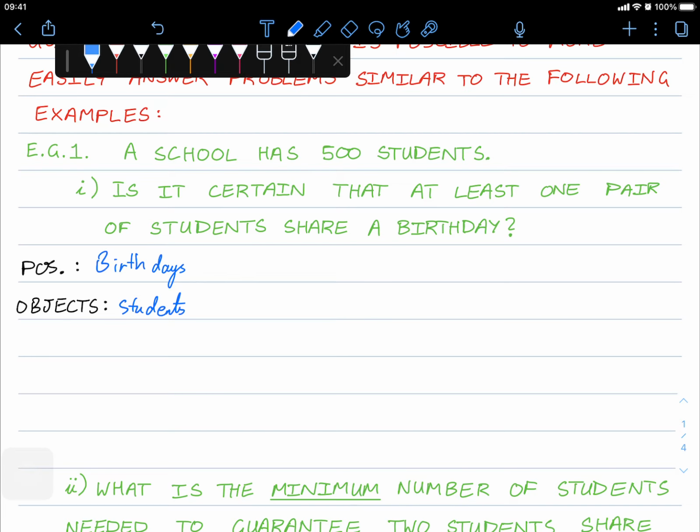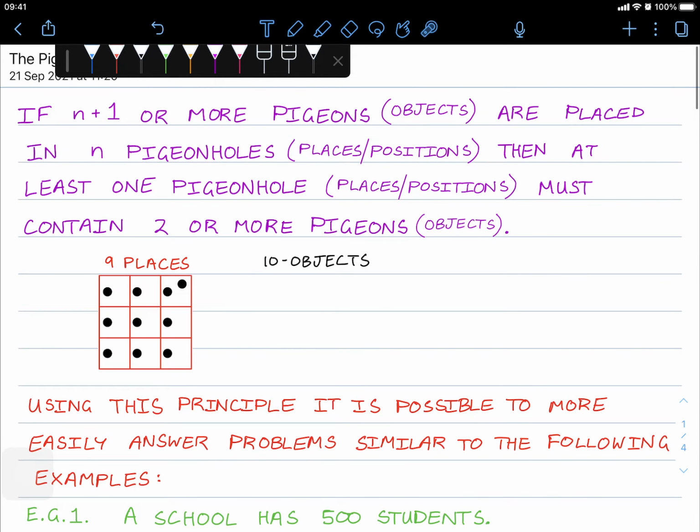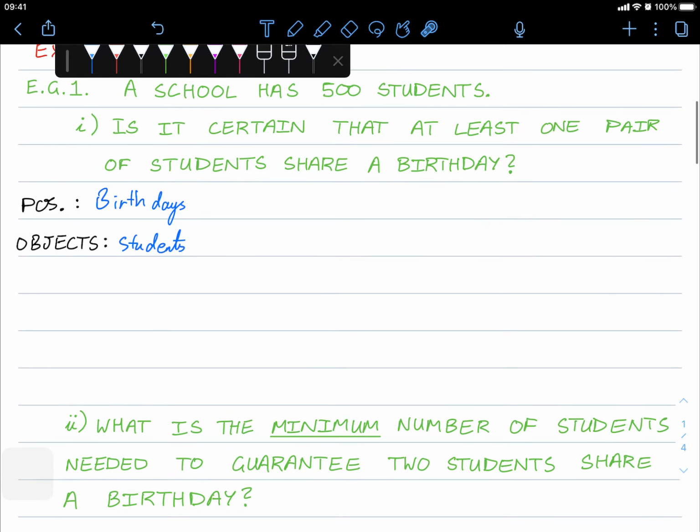Now let's try and apply the pigeonhole principle. It says here, if there are n plus 1 or more pigeons, then there are pigeonholes or positions. It will guarantee that 2 or more objects are in the same position. Since we're talking about positions being birthdays, how many birthdays are possible throughout the year?